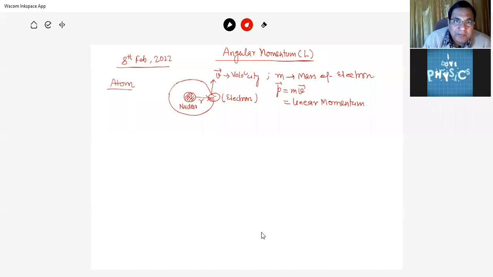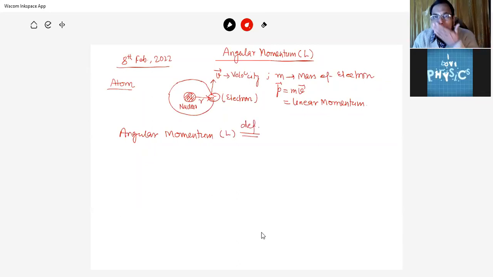From the vectors r and p, the angular momentum L is defined as r cross p.